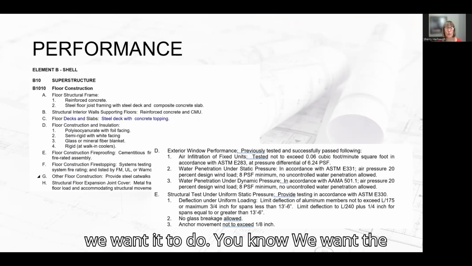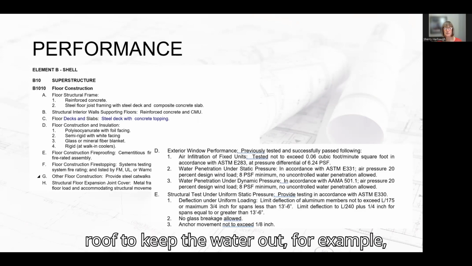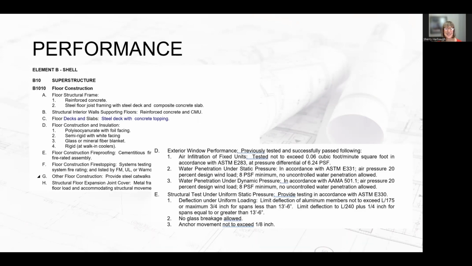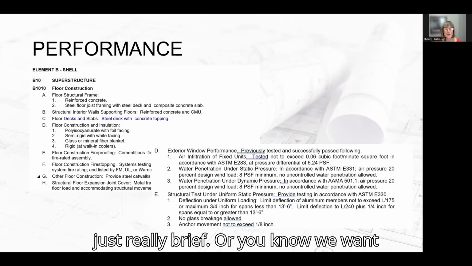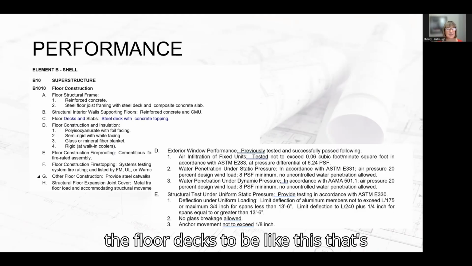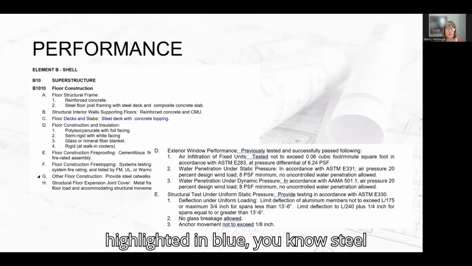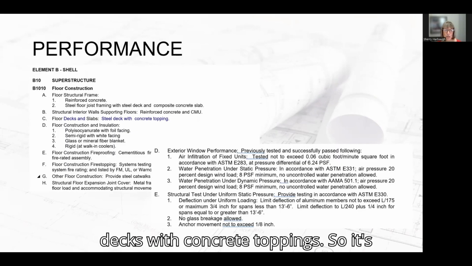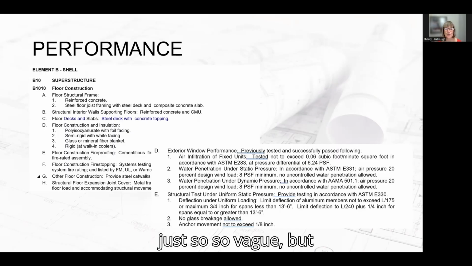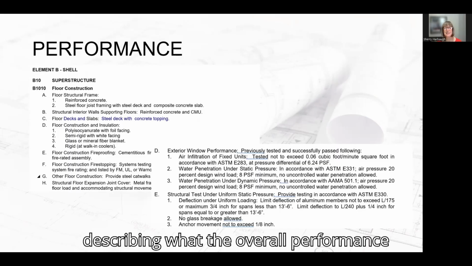This is what we want it to do. We want the roof to keep the water out, for example, just really brief. Or we want the floor decks to be like this, highlighted in blue, steel decks with concrete topping. So it's very vague, but it describes what the overall desired performance is.